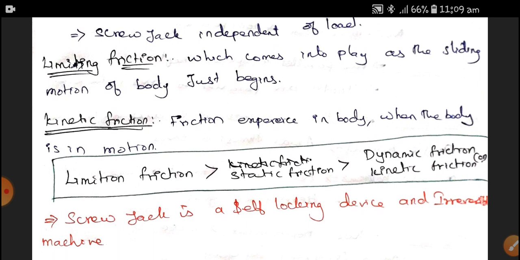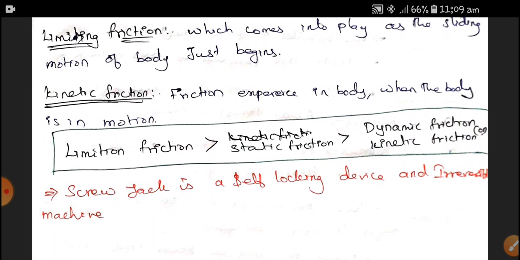And the small point you have to remember is that the screw jack is a self-locking device and an irreversible machine. If a screw jack is said to be an overhauling device, then it is a reversible machine.